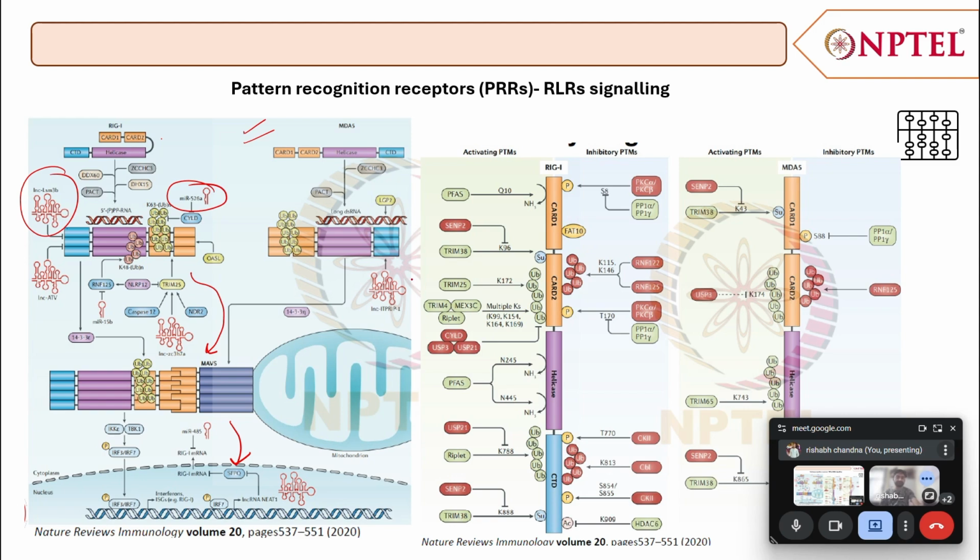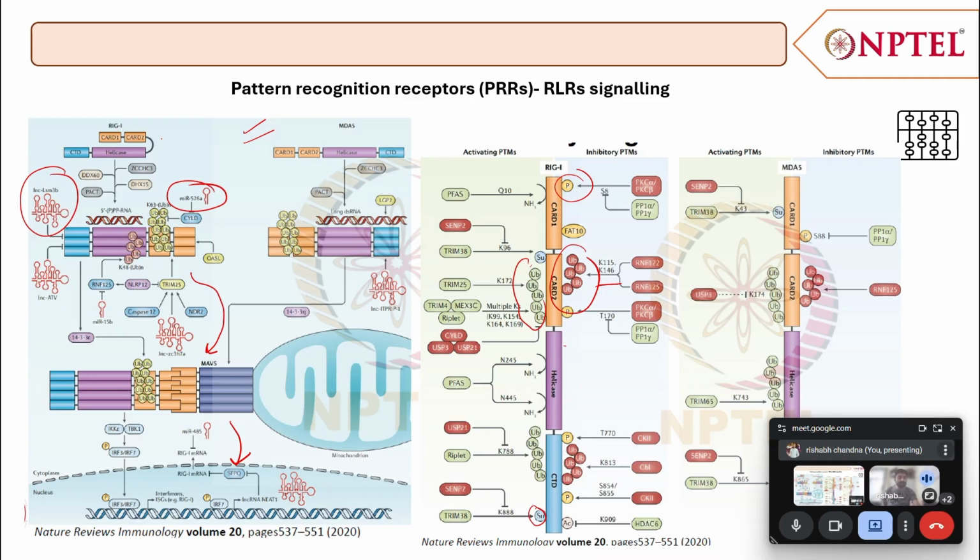So for example, the activating PTMs are ubiquitination and sulfonation, and the inhibitory PTMs are phosphorylation and the ubiquitination of the CARD domains at lysine 115 and 146. So their specific location at which the PTMs act is the major point that will lead to the activation or inhibition of the particular domain or protein.